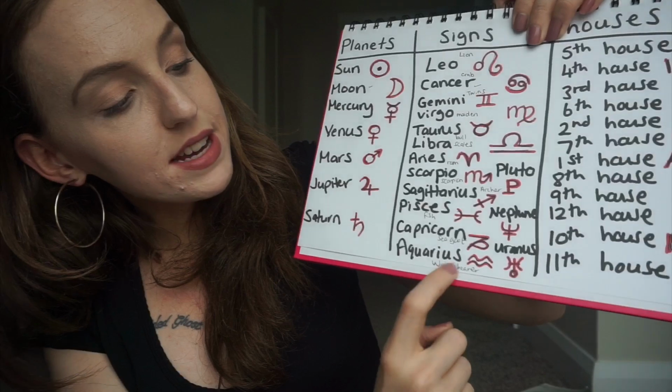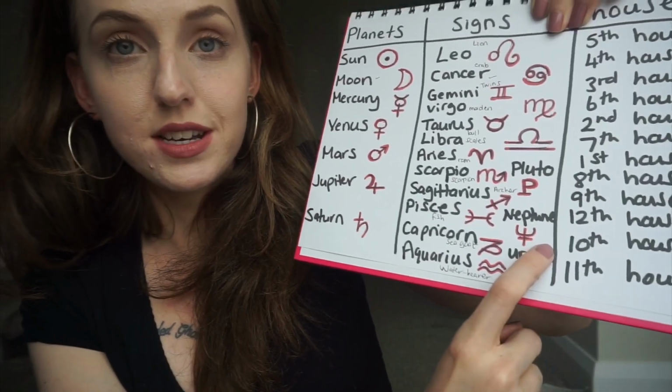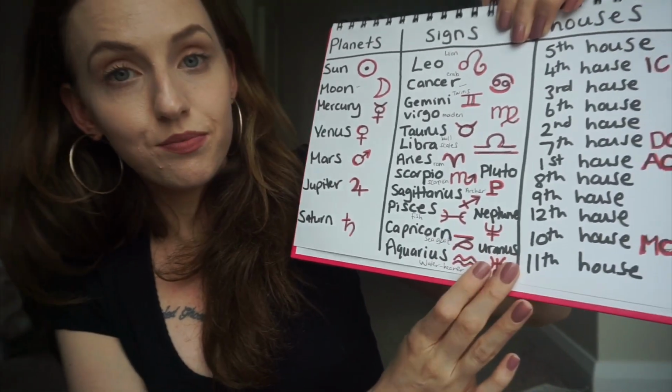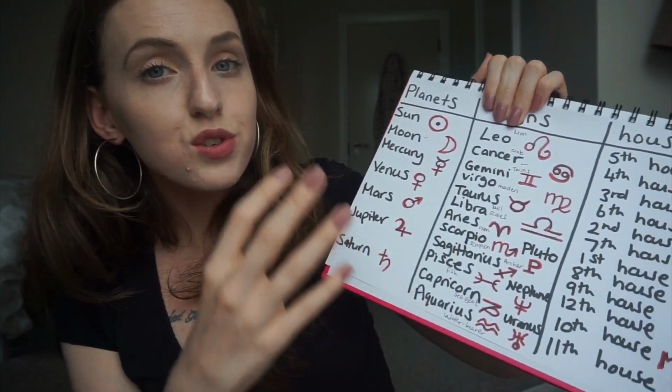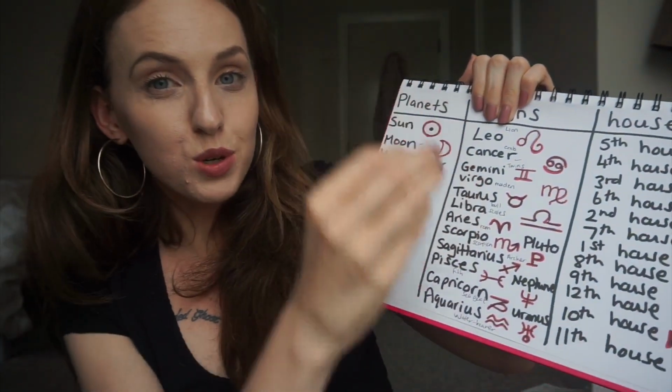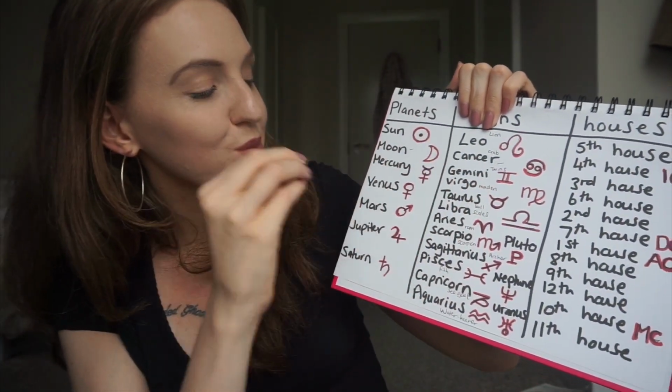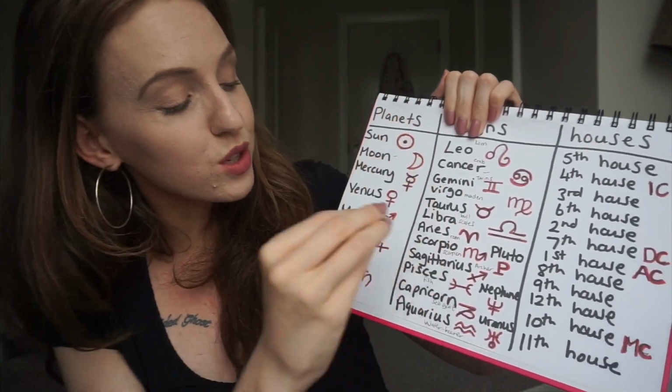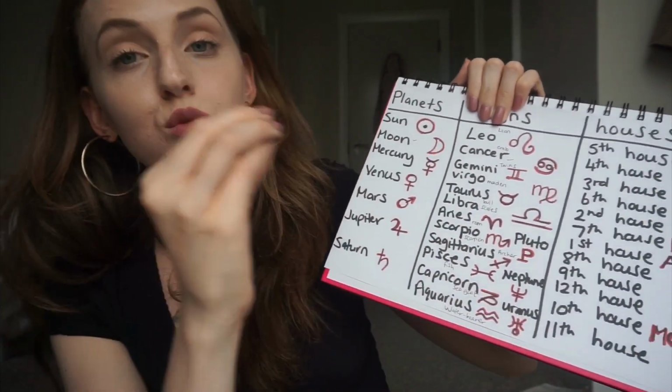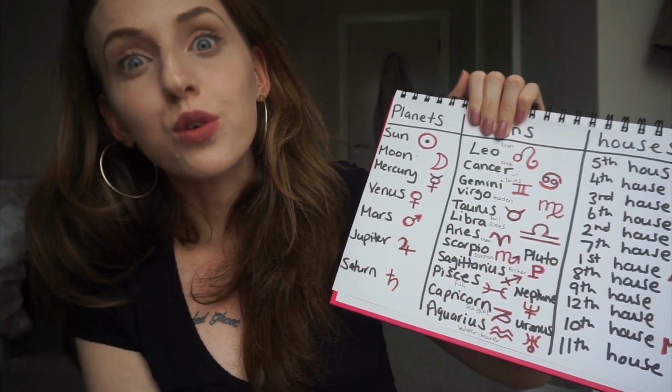And with Aquarius, the modern day ruler is Uranus, and I put in that glyph as well. So ultimately, Mars rules Aries, but co-rules Scorpio. Jupiter rules Sagittarius, but co-rules Pisces. And Saturn rules Capricorn, but co-rules Aquarius.